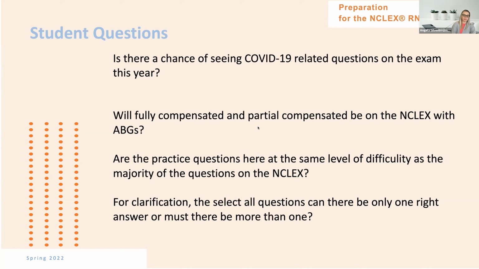So take a look at the acid-base balance chapter. And we do also, Linda, correct me if I'm wrong, but I think we've got an audio review for this too in the book. Yeah, there's an audio review in Evolve on acid-base balance.